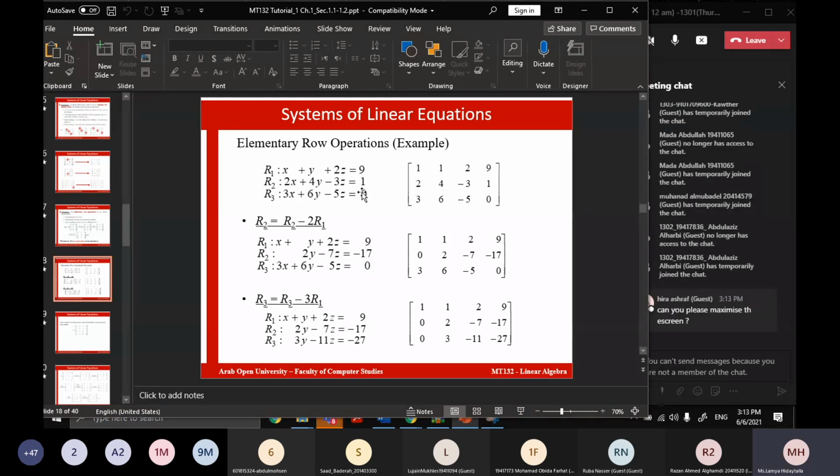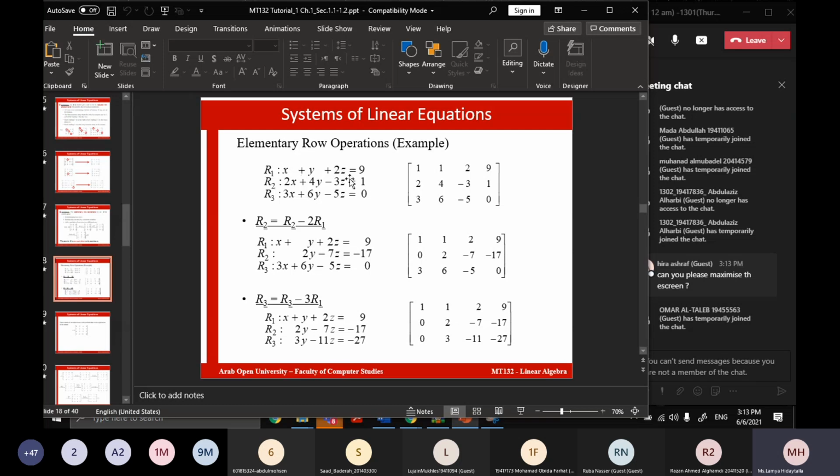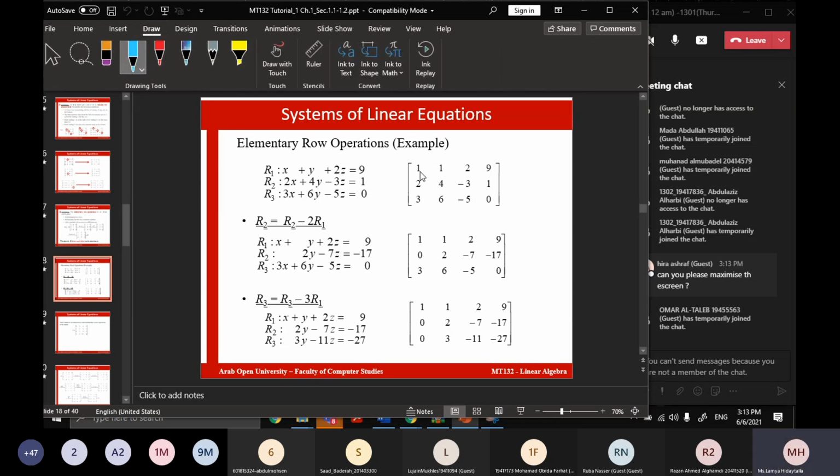Here, for instance, are some examples of row operations. First of all, we knew that we have to write our linear system as an augmented matrix, such that the first part, which is this part, is the coefficient matrix, the coefficients of x, y and z. So we have 1, 1, 2.